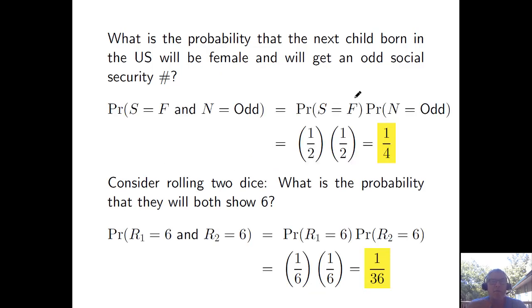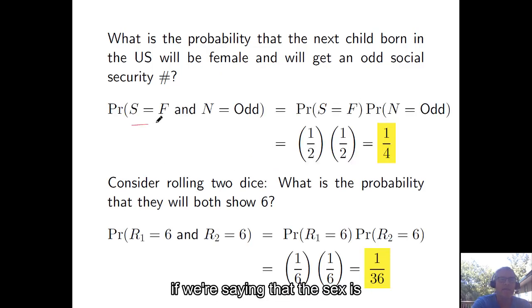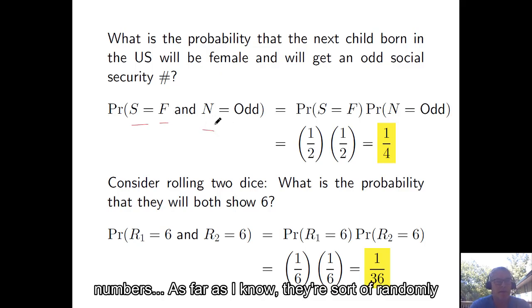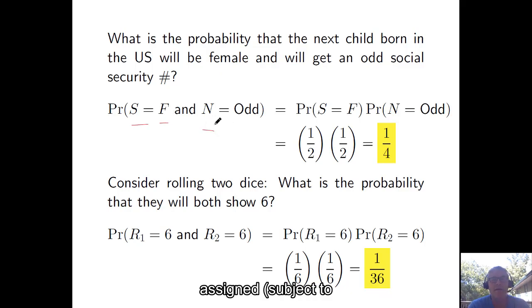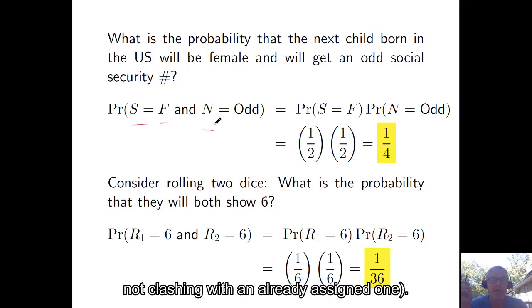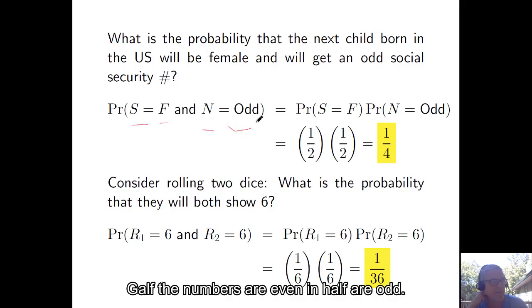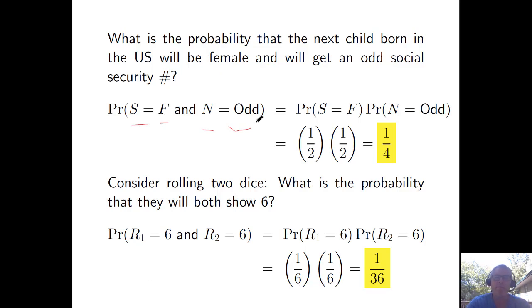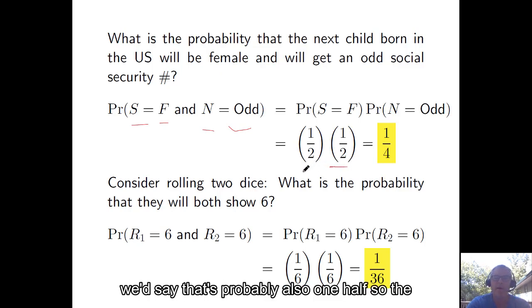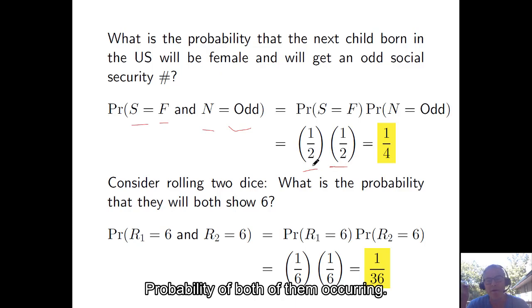If the sex is female, it's probably around 50% at birth, and the social security numbers, as far as I know, are randomly assigned, subject to not clashing with an already assigned one. Since half the numbers are even and half are odd, the probability that one is odd is probably also 1/2. So the probability of both of them occurring, assuming independence, is 1/4.